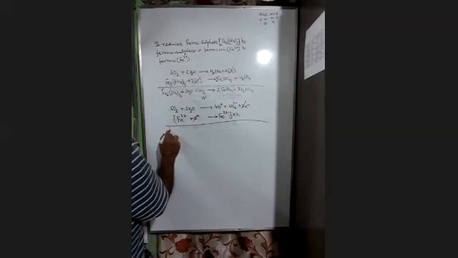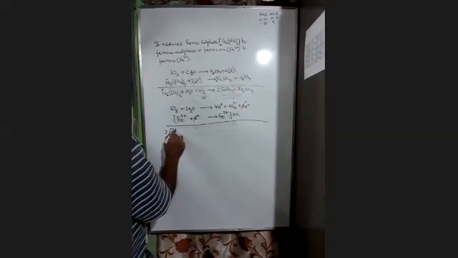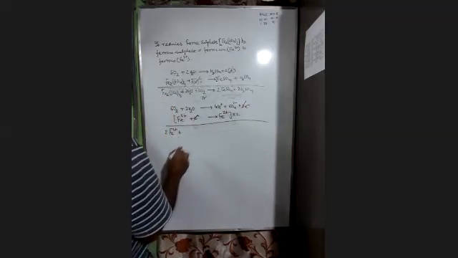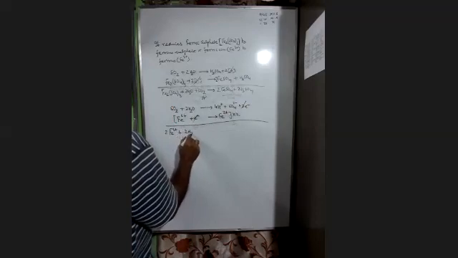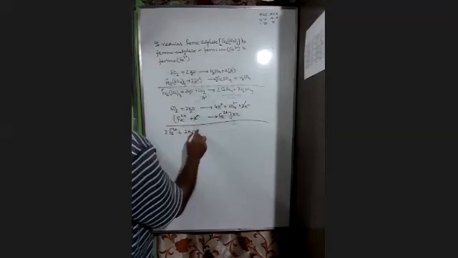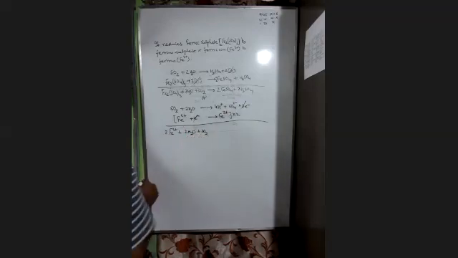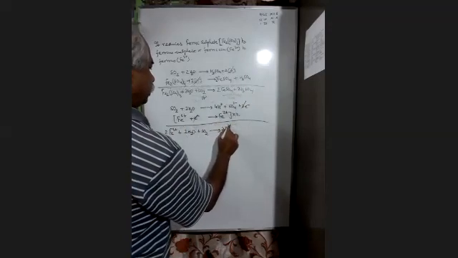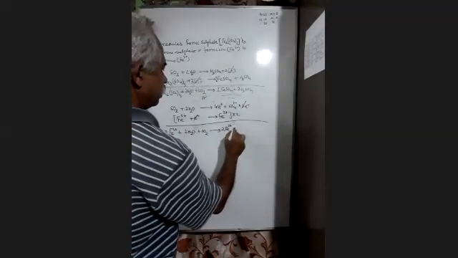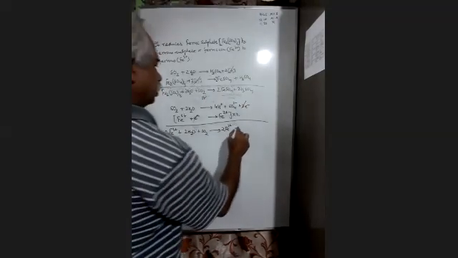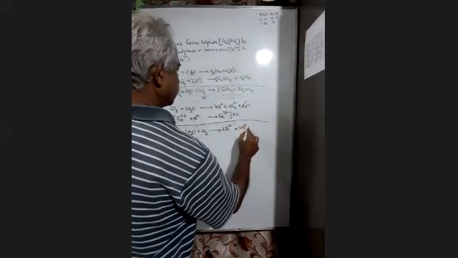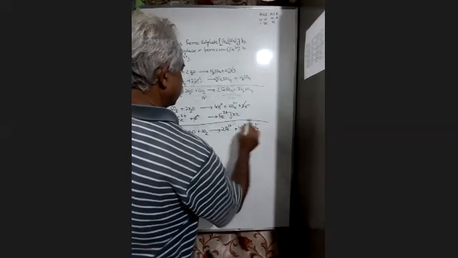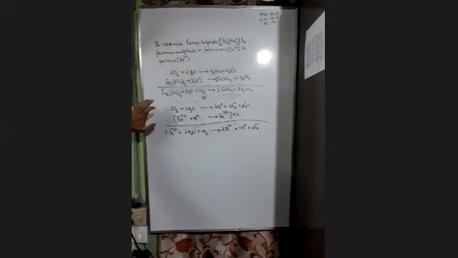See here, we'll get the same thing. 2 Fe3 plus, then 2H2O, SO2, then 2 Fe2 plus, 2 ferrous, and 4H plus and SO4 2 minus. So try to do by this method, you will not make any mistake. Otherwise, these are difficult for you to balance.